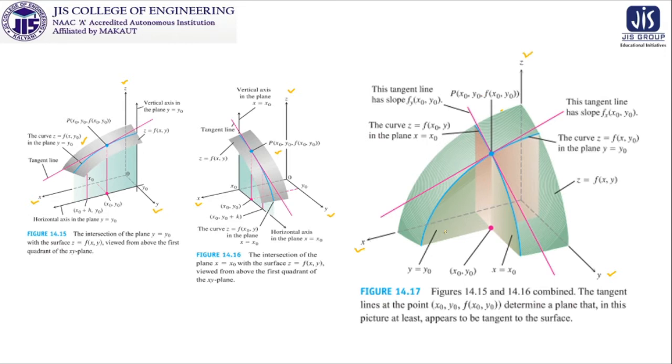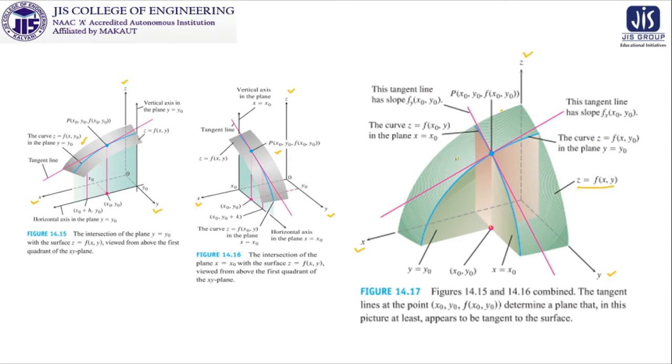This is the plane y equal to y0, this is the plane x equal to x0, and this is the point (x0, y0), and this is the surface z equal to f(x,y).